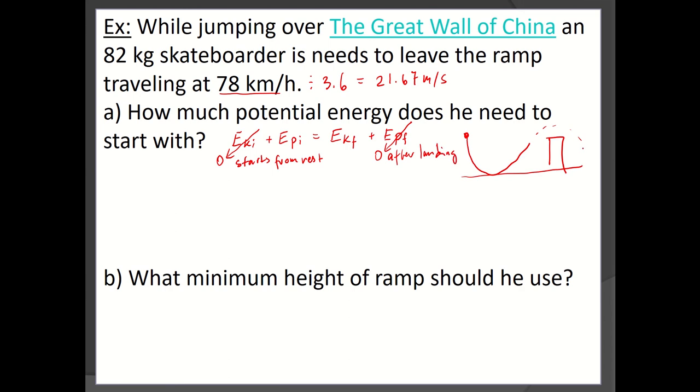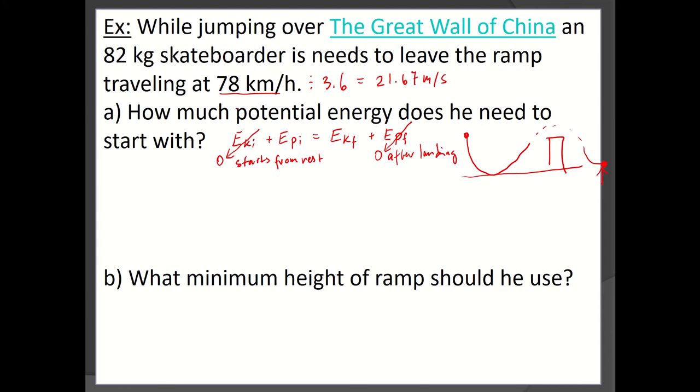Okay, so he's going to land, and he's going to come to the bottom here, and that's going to be his final position. So this is going to be his 0 potential energy. This is the ground, basically. So then we're only left with the initial potential energy equal to the final kinetic energy. So now we've simplified our equation quite a bit.